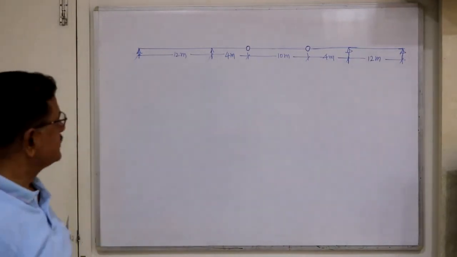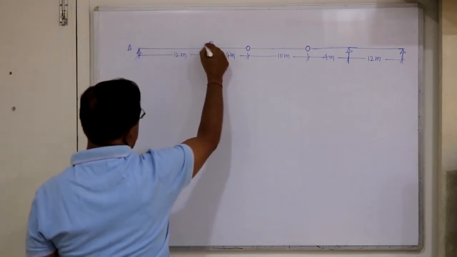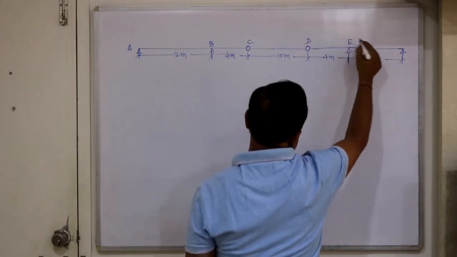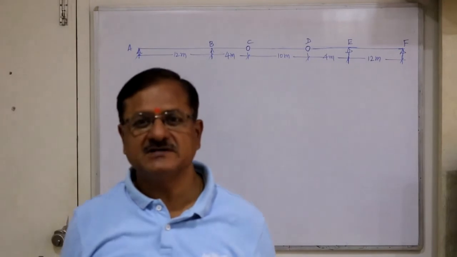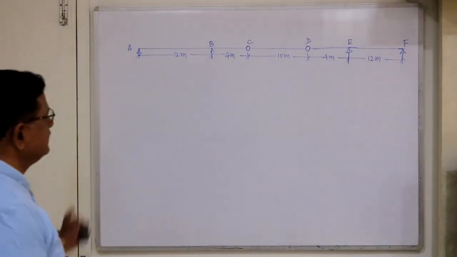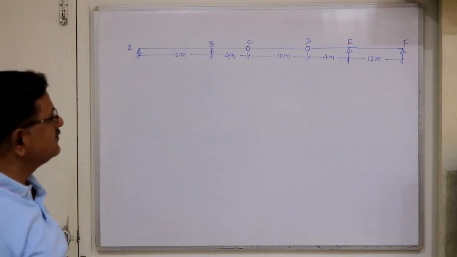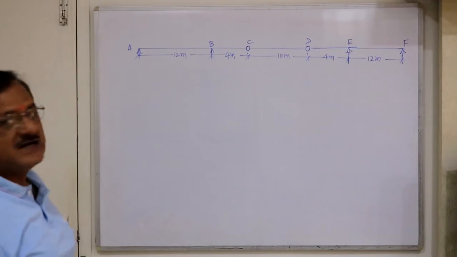So this beam is called a balanced cantilever beam. This is A, B, C, D, E, F. A, B, C, D, E, F is called a balanced cantilever because ABC is an overhang beam, D, E, F is again a second overhang beam connected at internal hinges at C and D by a beam CD.